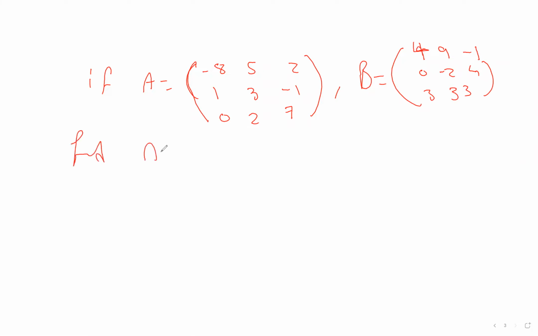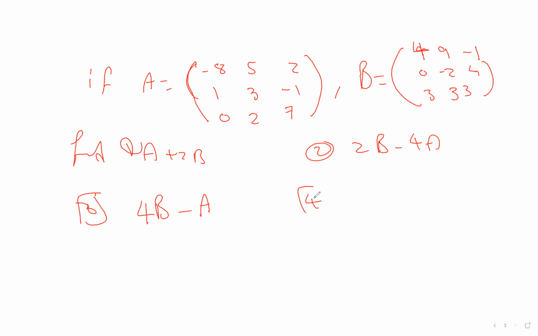Find: Number 1, A plus 2B. Number 2, 2B minus 4A. Number 3, 4B minus A. Number 4, 2A plus 5B. Okay? This is the homework.